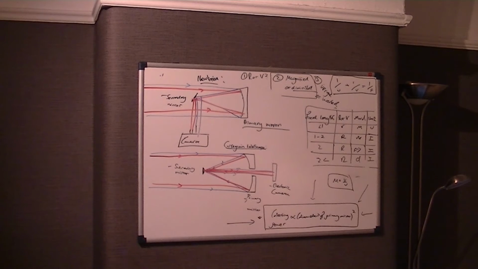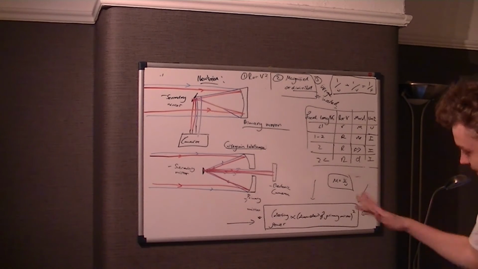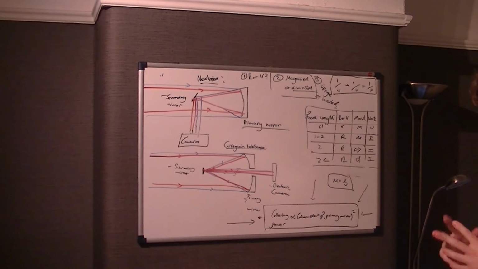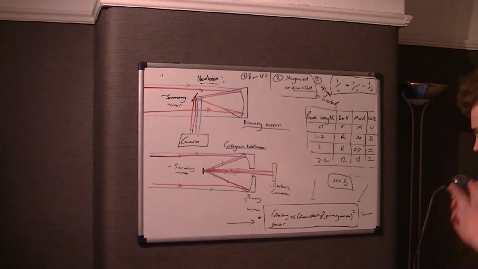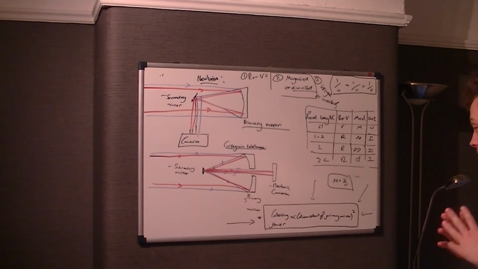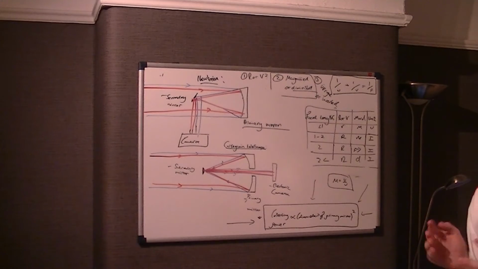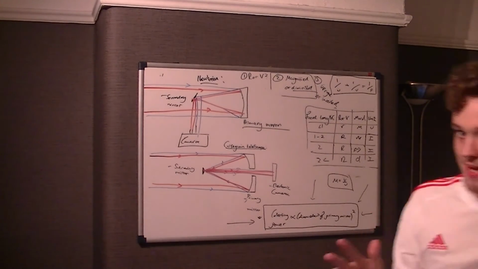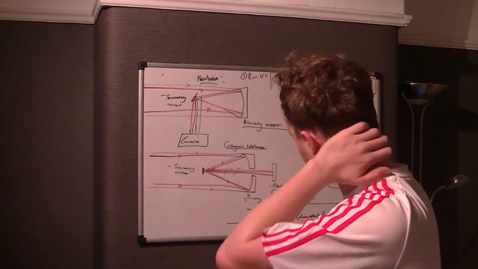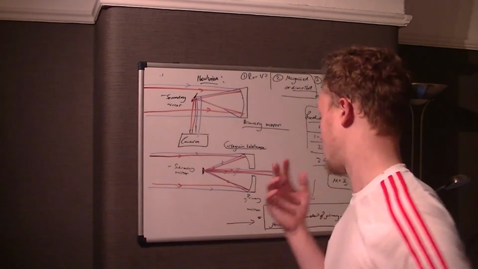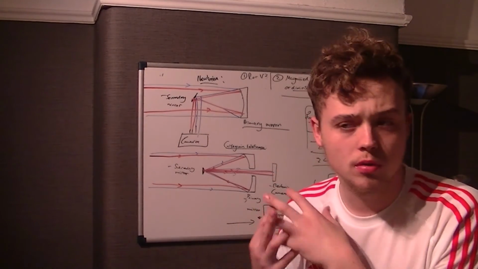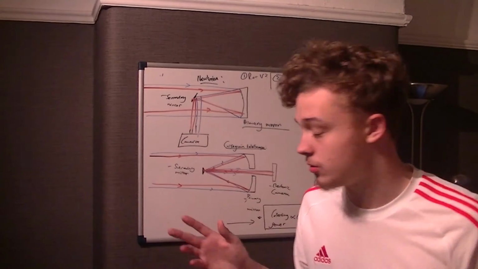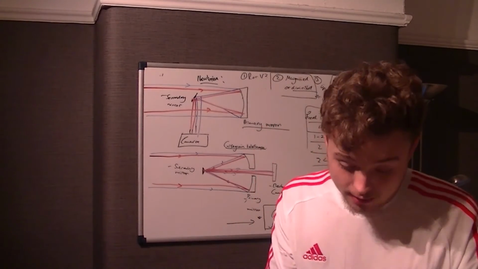But there's also the fact that the collecting power of the telescope, so how much detail it can obtain, is directly proportional to the diameter of the primary mirror squared. The fact that it's squared might be a bit weird, but hopefully it makes sense that the greater the diameter, the more light can hit the mirror.